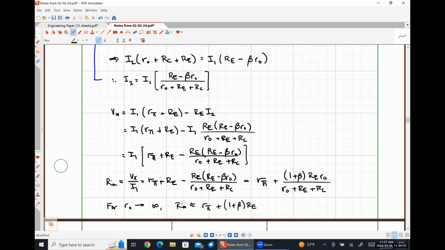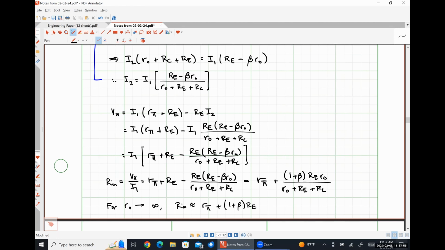So to this point, we have determined that emitter degeneration lowers our voltage gain, but in doing so, actually causes a pretty large increase in our input resistance. So for some applications where we're trying to connect a sensor that has a large input resistance, this is something that we might need.